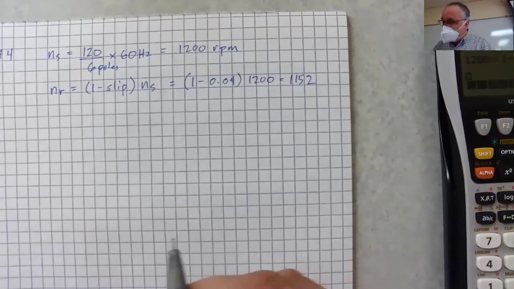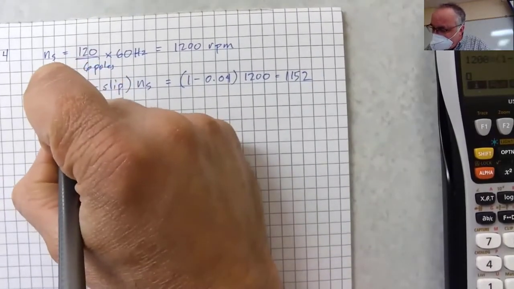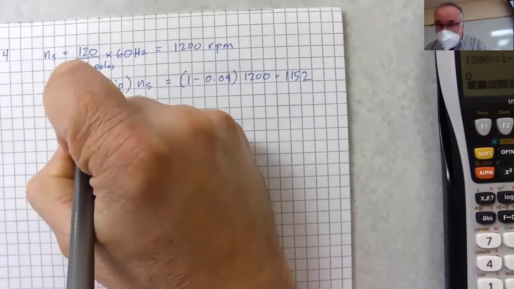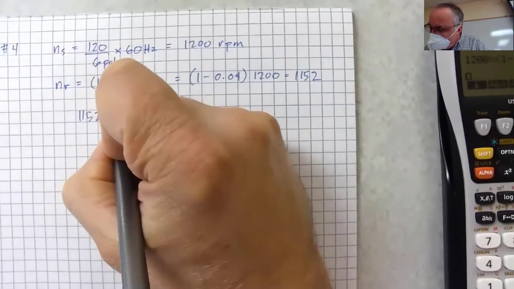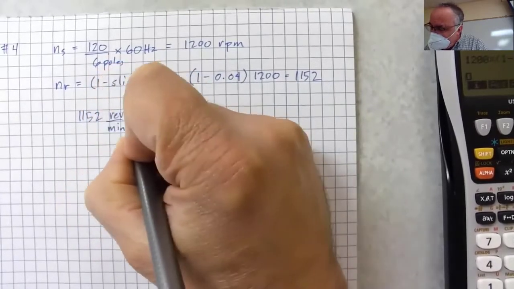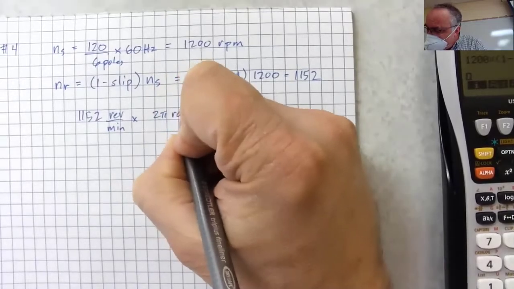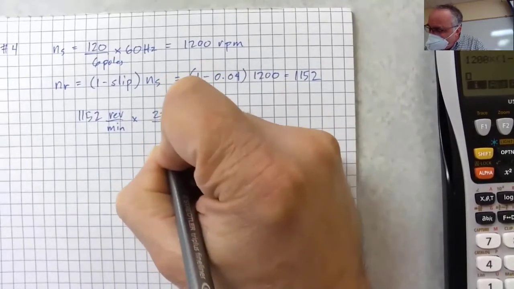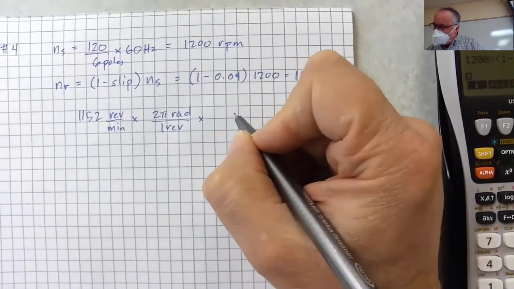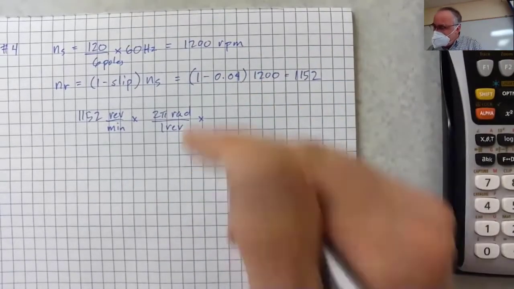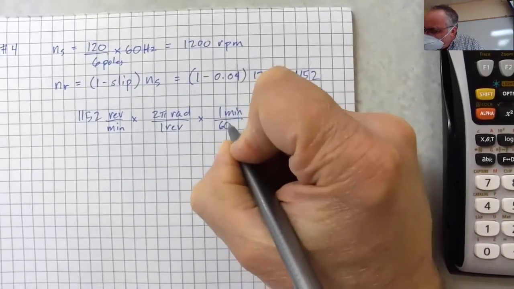Okay. So we've got revolutions. So this is 1152 revolutions per minute times 2 pi radians in 1 revolution times 1 minute over 60 seconds.